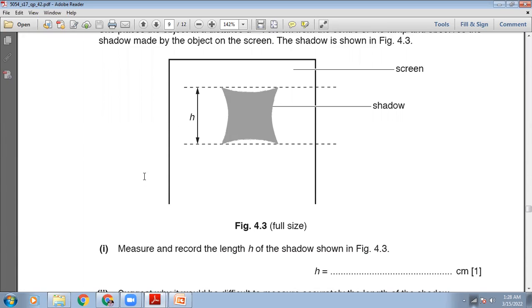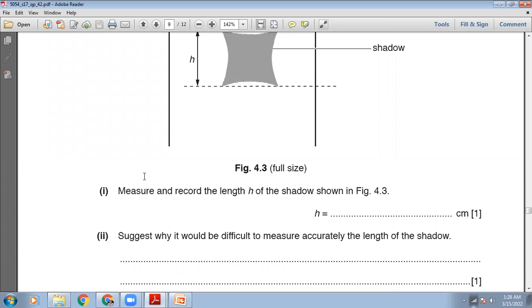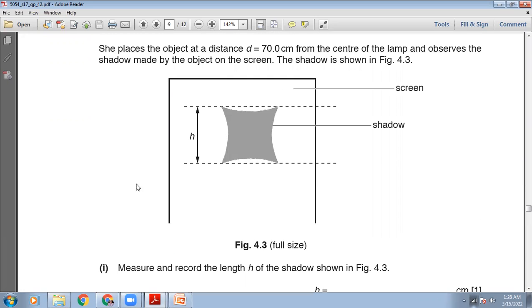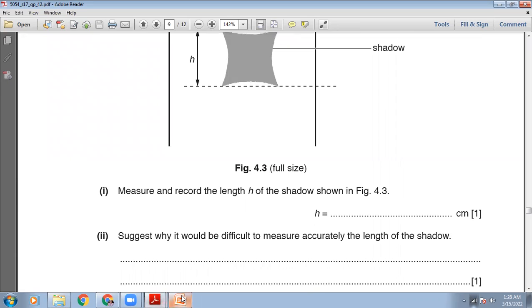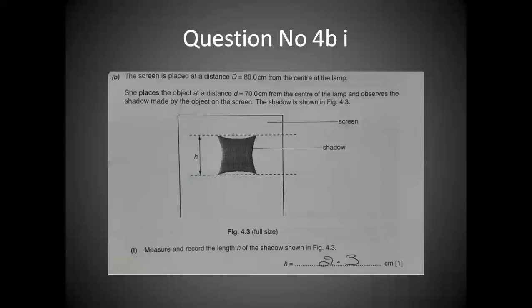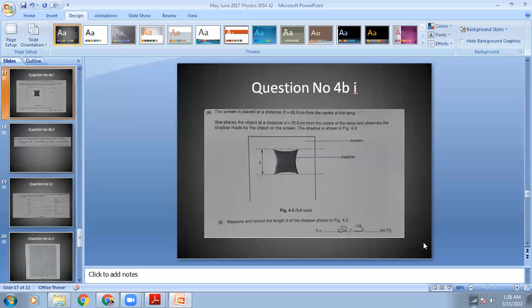So this is the shadow. It says measure and record the length h of the shadow shown in figure 4.3. So I will measure this height of the shadow, and that will be 2.3 centimeter. I have already measured it, so you can see I have written there 2.3 centimeters.